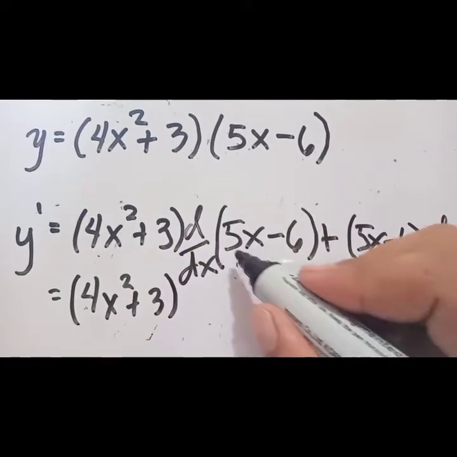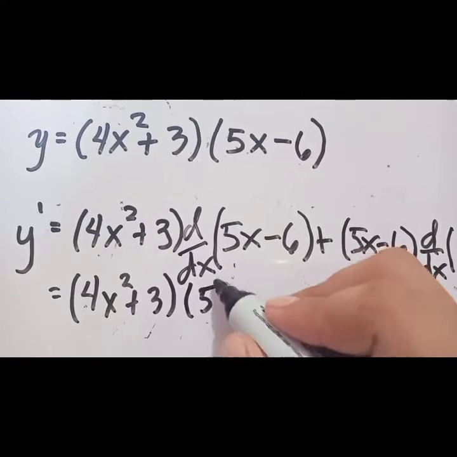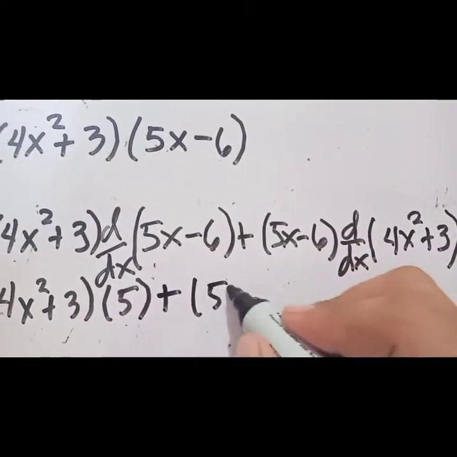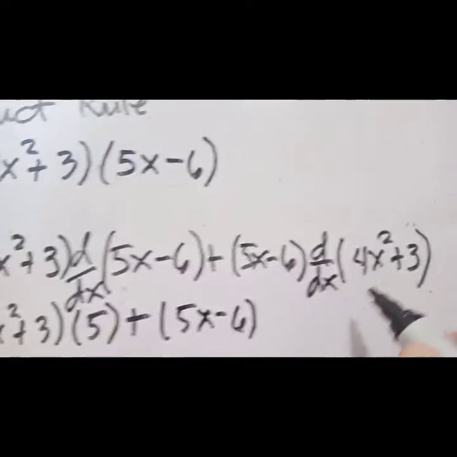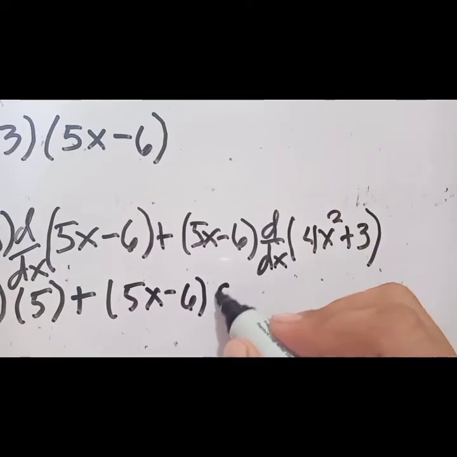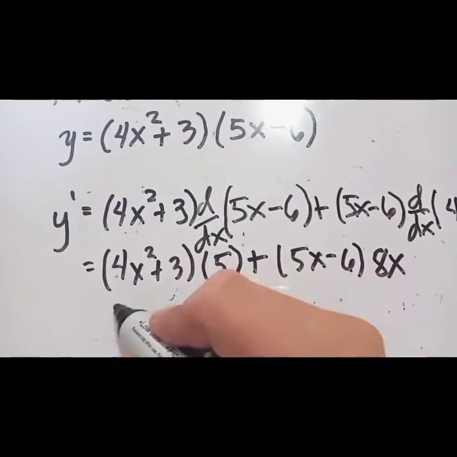Then, again, we have rewrite the 4x squared plus 3. And what is the derivatives of 5x minus 6? That is 5 plus, rewrite the second function. What is the derivatives of 4x squared plus 3? That is 8x. Then, multiply natin, o distribute natin yung 5.